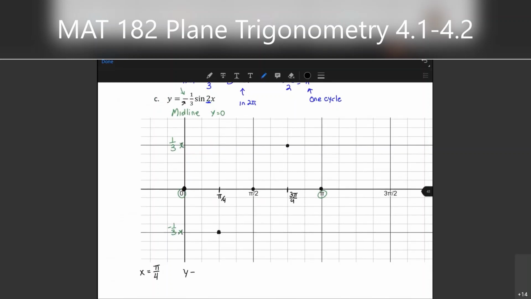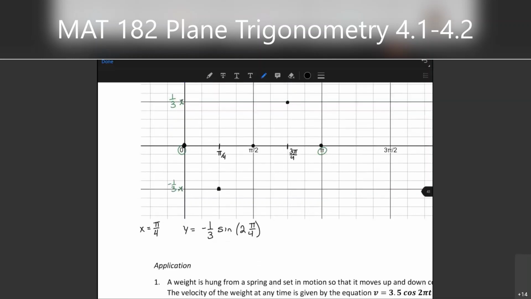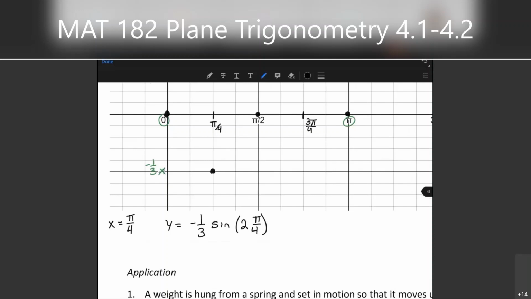If we have y is equal to negative 1/3 sine of 2 times pi over 4, if I wanted to calculate this real quick, we could say this is negative 1/3 sine of pi over 2.